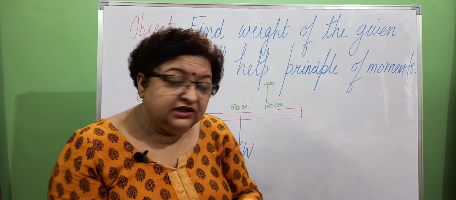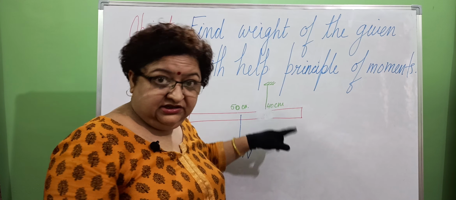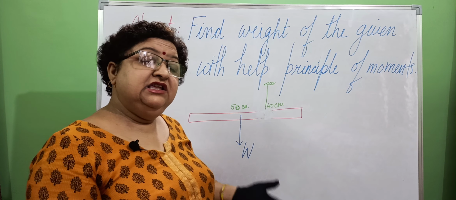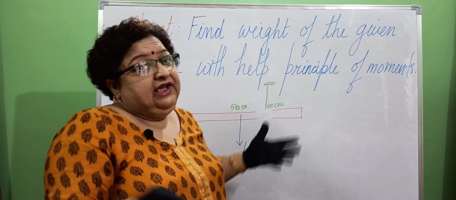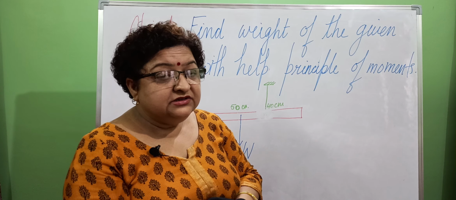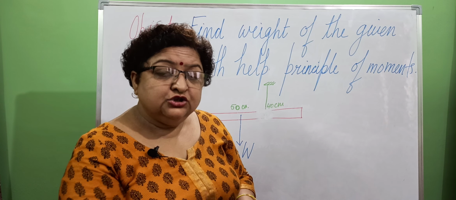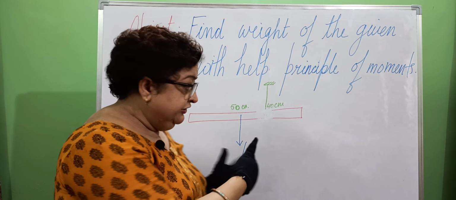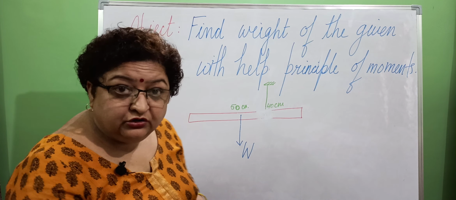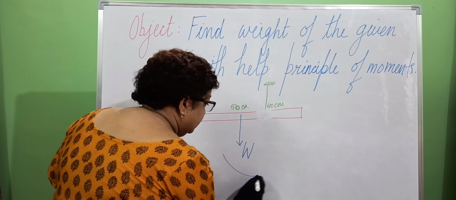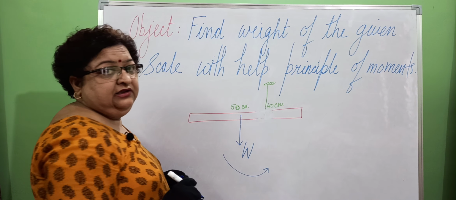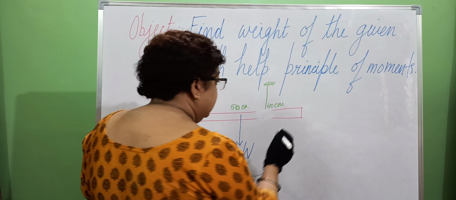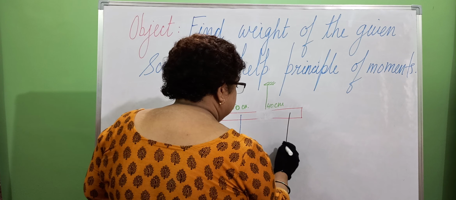Create a torque in clockwise direction such that the clockwise torque is exactly equal to the anti-clockwise torque, and then the scale will be balanced again. Creating a torque in clockwise direction which is going to balance the torque of gravity is only possible when we apply a force in this direction.